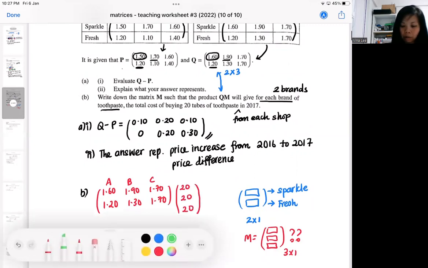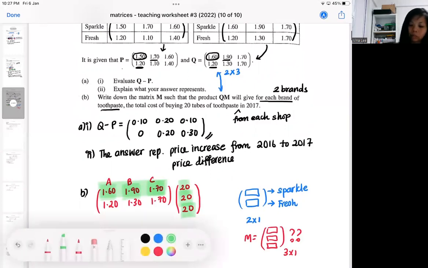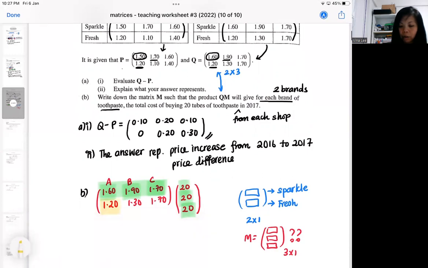You think about it this way. From the first row, I buy 20 from shop A, 20 from shop B, 20 from shop C. And these are the numbers for Sparkle. Then if you observe, it will be the same thing for Fresh.